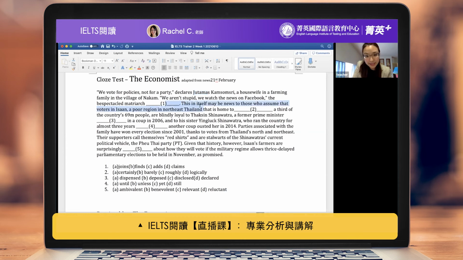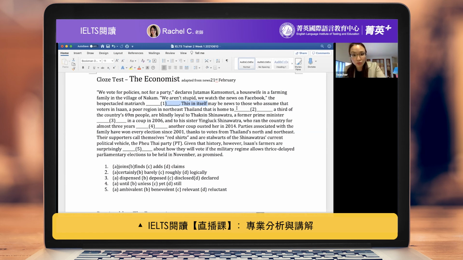This in itself may be news to those who assume that voters in Isan, a poor region in northeast Thailand, that is home to blah, blah, blah. Home to something means a group or a large group of population that belongs to a specific region. So then you say the region is home to that particular, let's say, ethnic group.